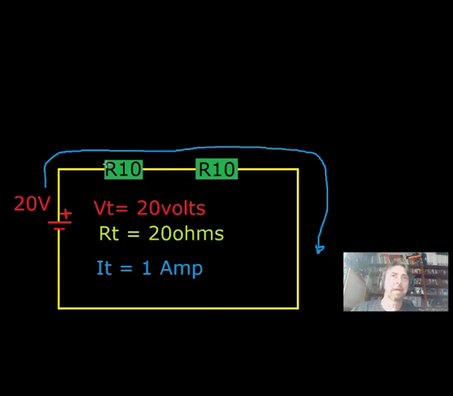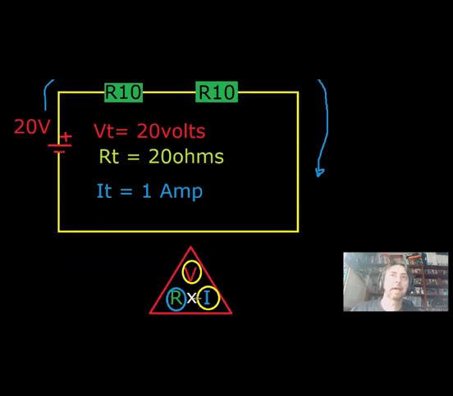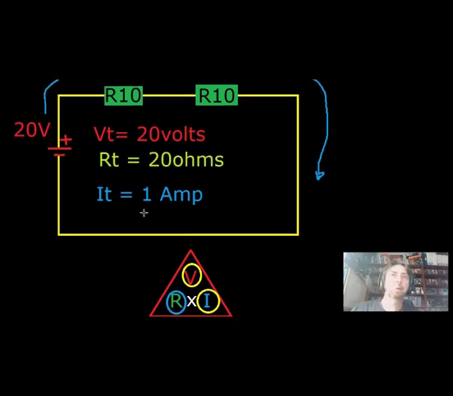What we're going to look at is the individual sums over here. How much voltage drops over this one, how much voltage drops over this one. So if we go looking back at the triangle, R times I equals the voltage. That gives us a better clue. So we know that I is 1 amp. No matter where it is in the circuit, it's always going to be 1 amp.